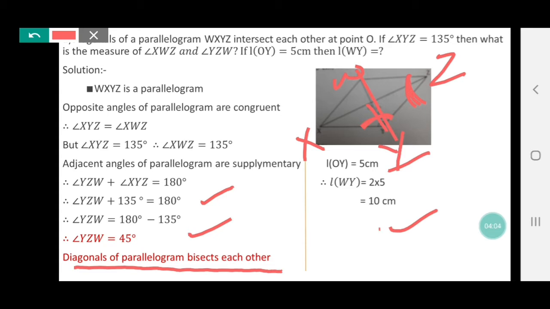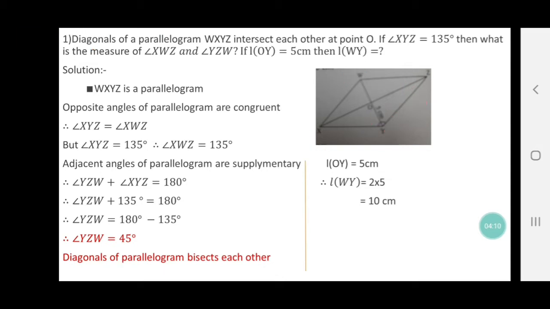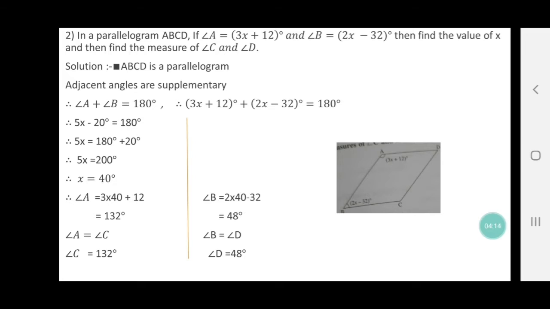Now we move on to the second problem. What is given to us is, in a parallelogram ABCD, angle A is 3x plus 12, and angle B is 2x minus 32 degrees.